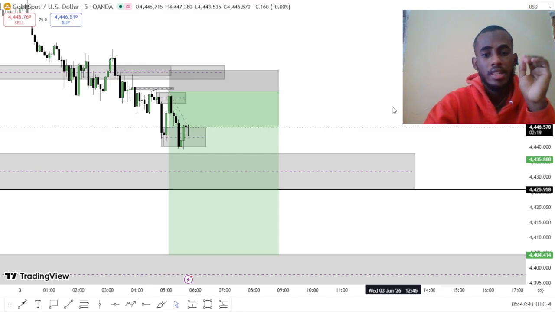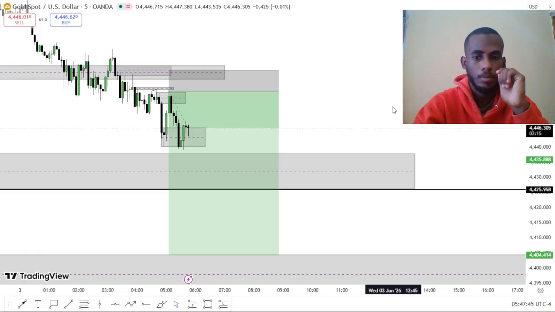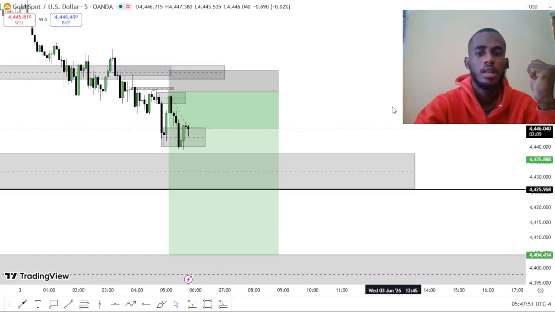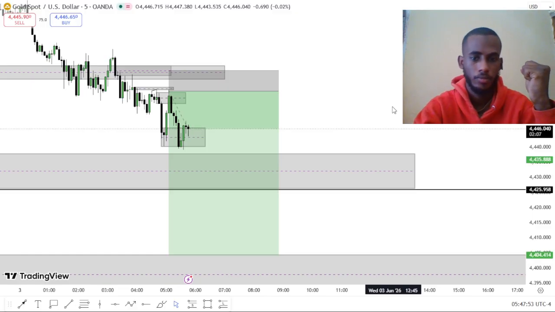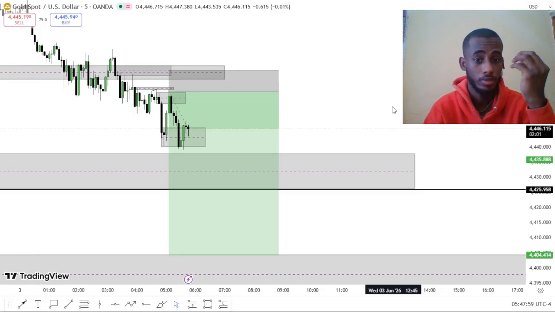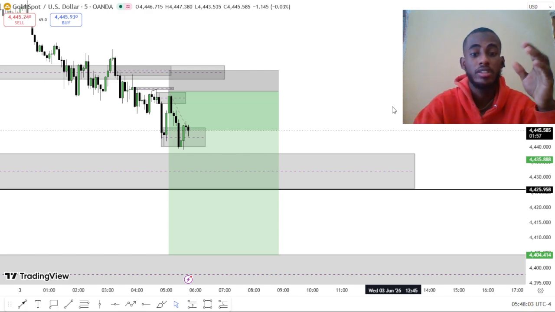Another thing is the risk problem on gold. That is the most important part you need to master before you enter a gold chart. Let's talk about the risk. Gold is powerful, but because gold moves aggressively, many traders become overconfident. They risk too much.